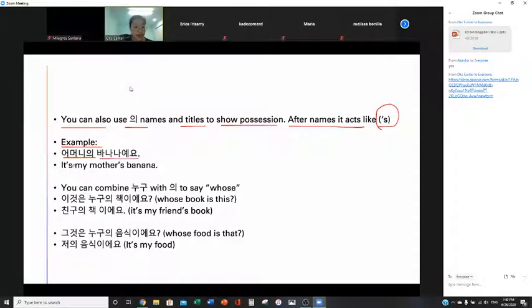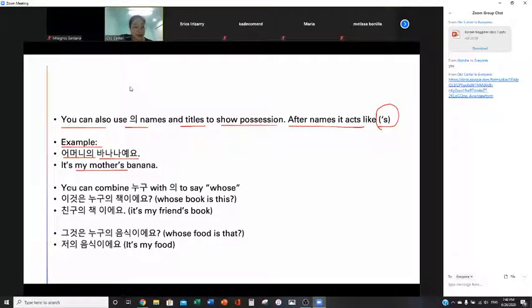This banana belongs to my mother. So you put the name or title, 어머니's, showing that the banana belongs to her, 어머니예요.